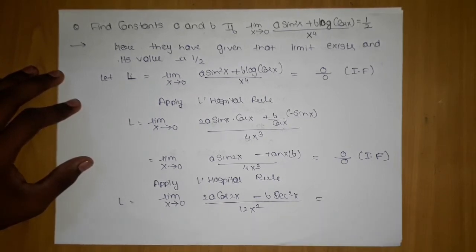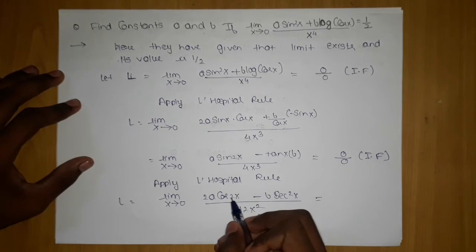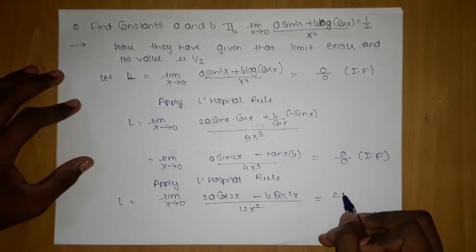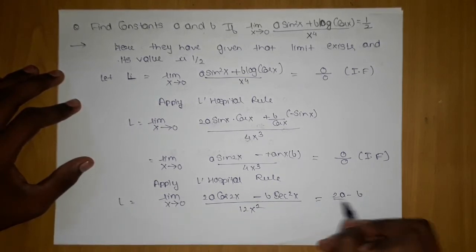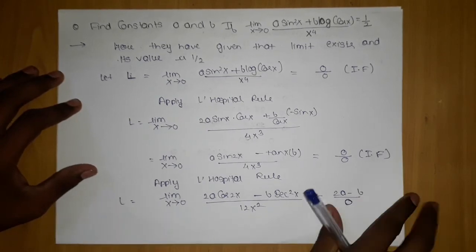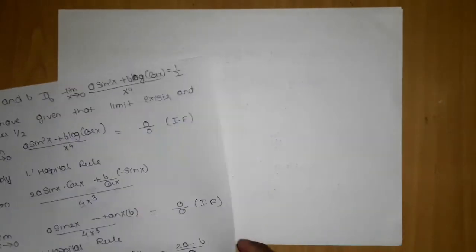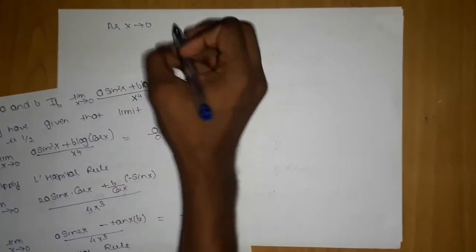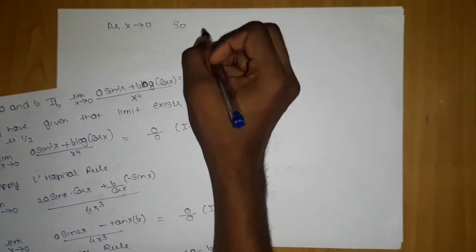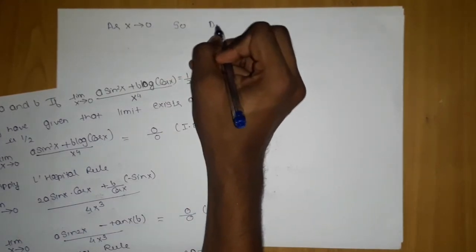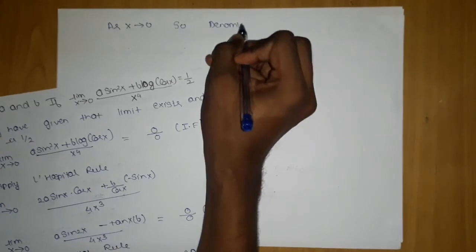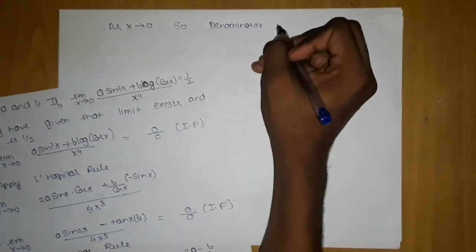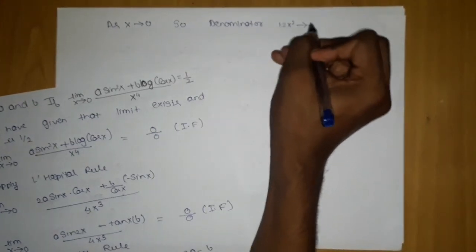After this let's put the values. Here you will get 0, cos 0 is 1, so 2a minus b by 0. Now you have to mention the statement. As x tends to 0, the denominator 12x square tends to 0.